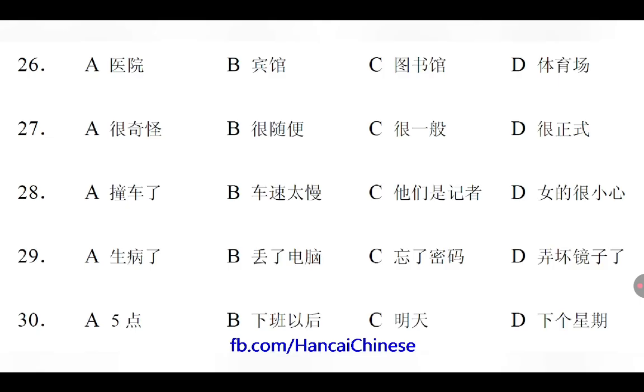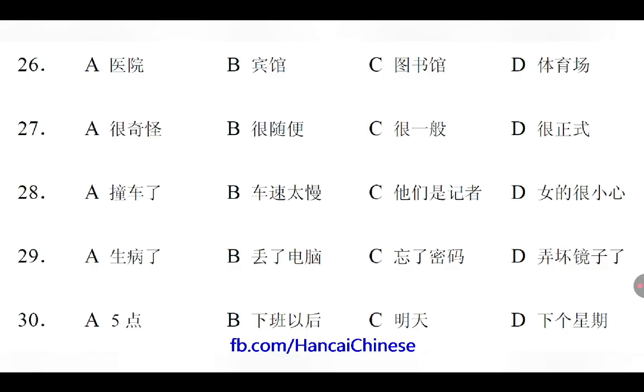So this is the question. From the audio, the girl says, do you know what time the bank will close? The man says wu dian. The woman says it's so late, I cannot go there, laibuji, there is not enough time right now. I want to withdraw some money.